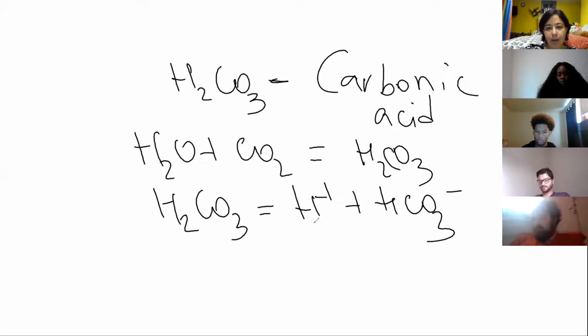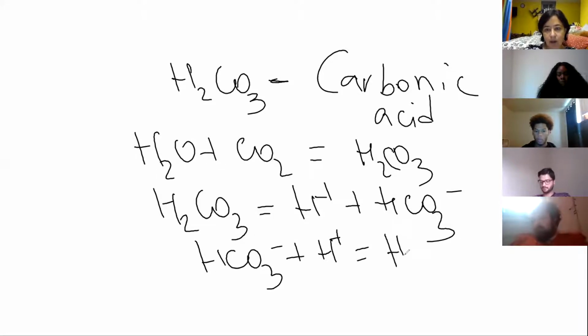Now, if you have bicarbonate ion circulating, it can easily pick up hydrogen and turn into carbonic acid.